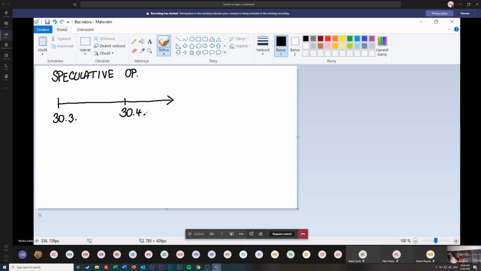So what I do today, on the 30th of March, I buy, for example, 1,000 Great Britain pounds under the forward rate with the delivery after 30 days. So I concluded today the contract under this price.